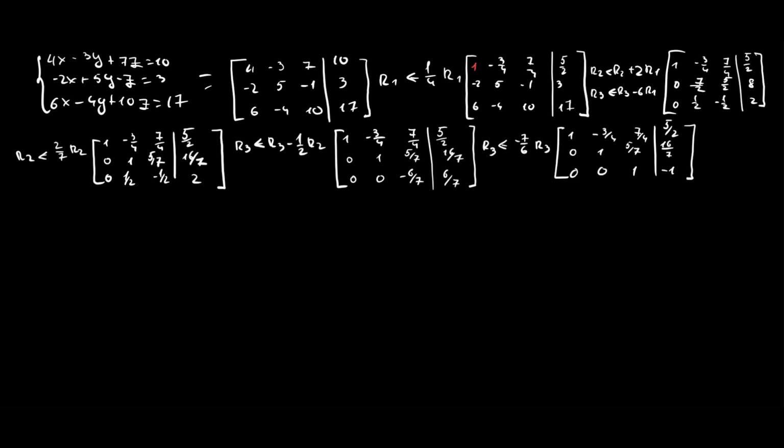Okay, to transform the matrix into the reduced echelon form, we have to eliminate all of the numbers above and below. Because we already eliminated all of the numbers below the pivots, now we have to do the same for all of the numbers above. So we're gonna start with the third column.